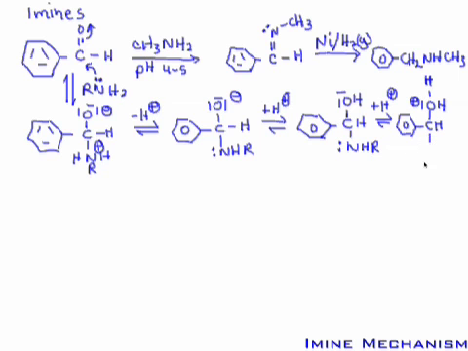And we have the NHR. Now we have the good leaving group water. We can lose water. Minus H2O. And that gives me a carbocation. CH positive.